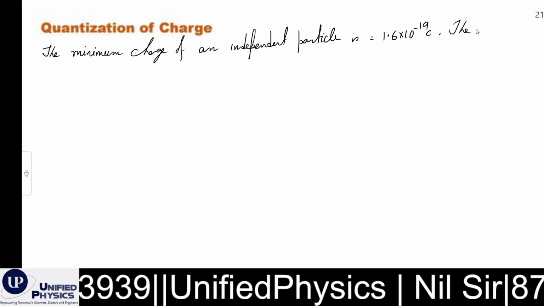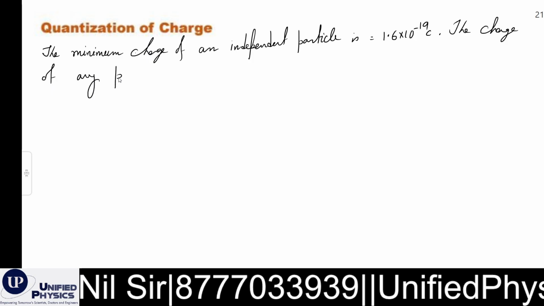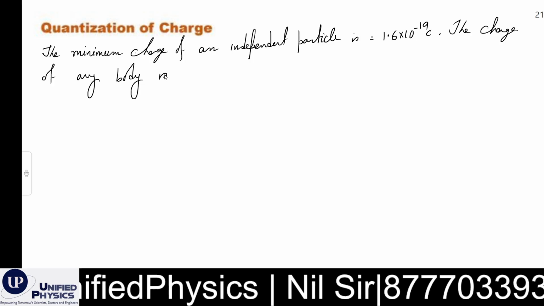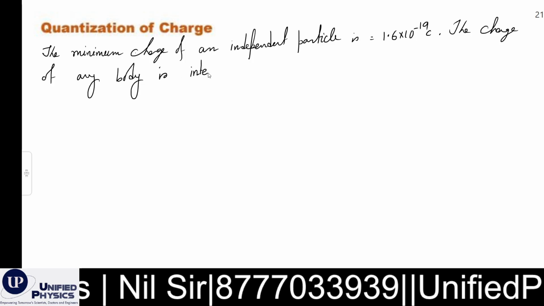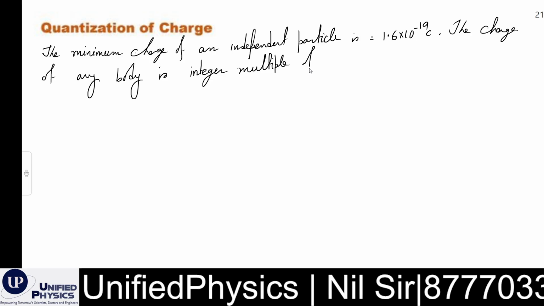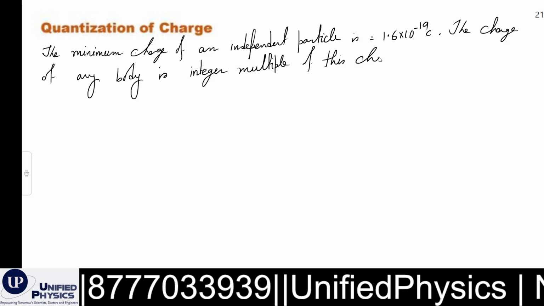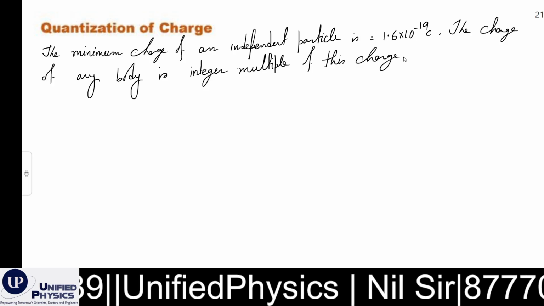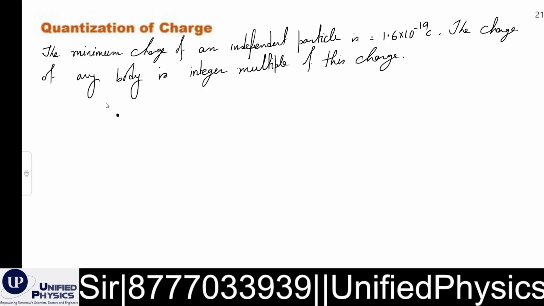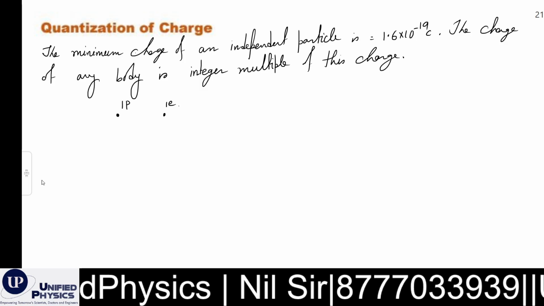The charge of any particle or body, any body, is an integer multiple of this charge. Okay, that means the charge of a body could be either one proton or one electron.